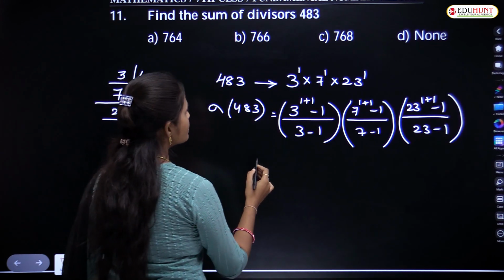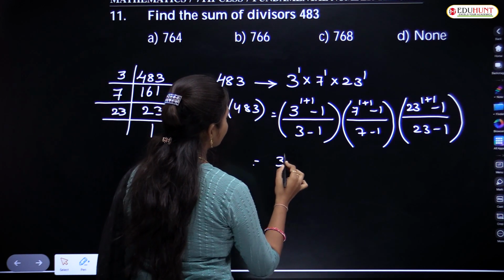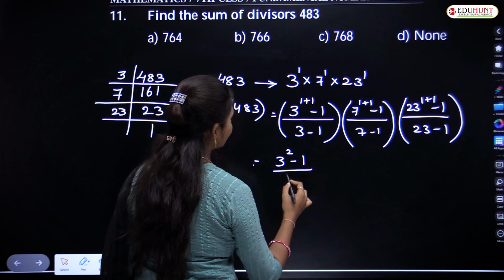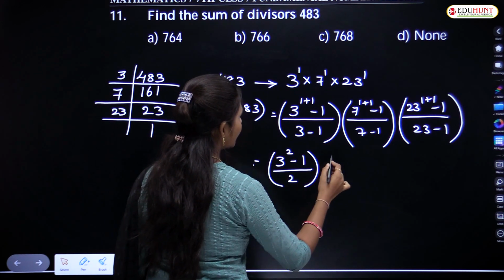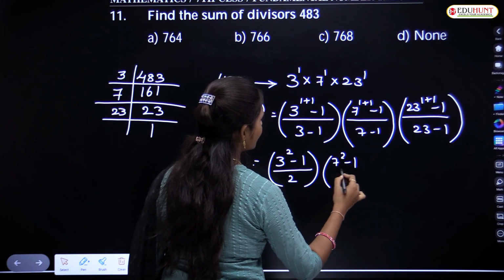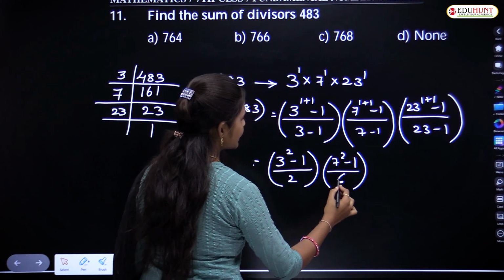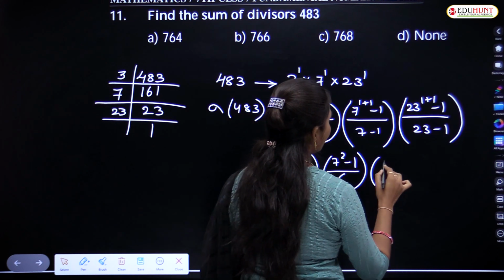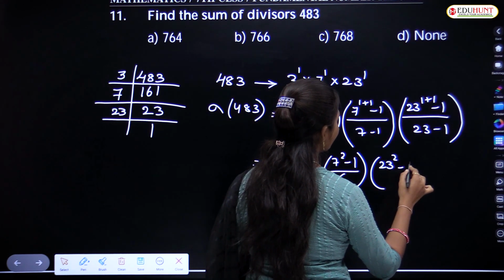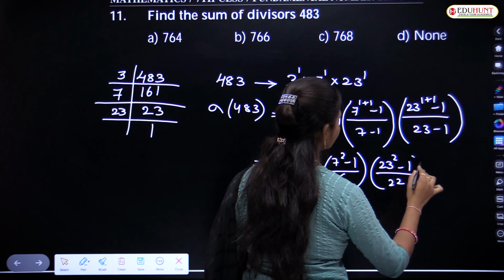Now simplify this. 3 square minus 1 and 3 minus 1 is 2. Next 7 square minus 1, 7 minus 1 is 6. And 23 square minus 1 by 22.